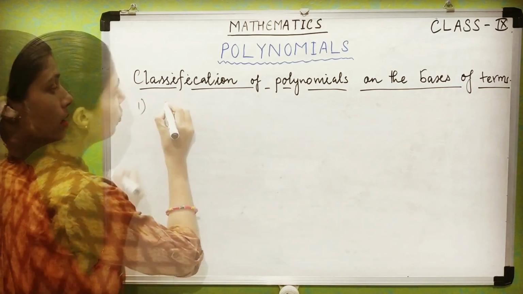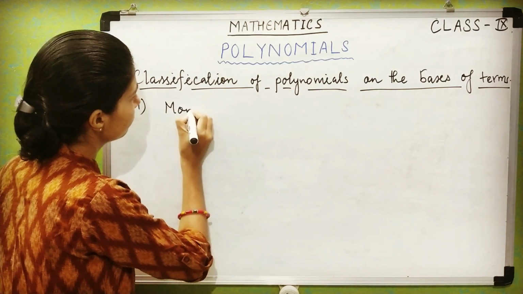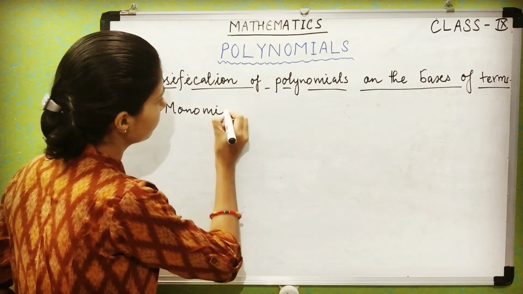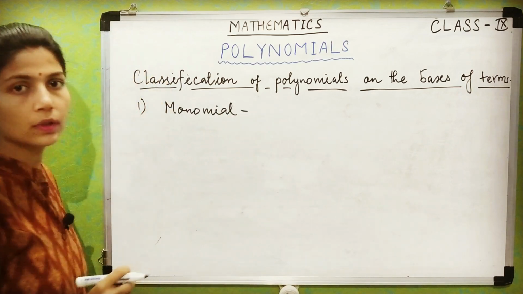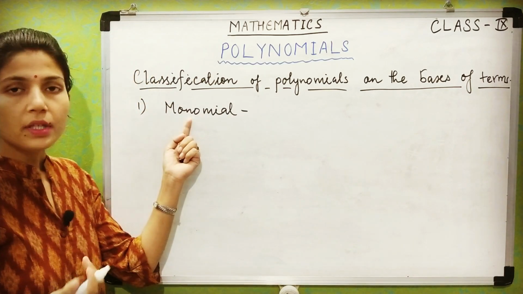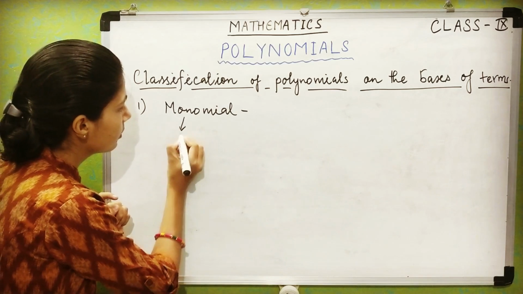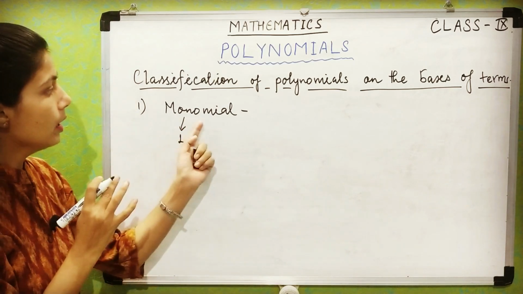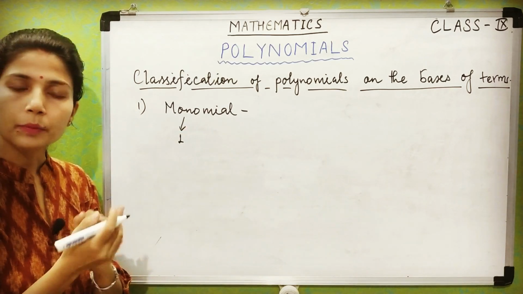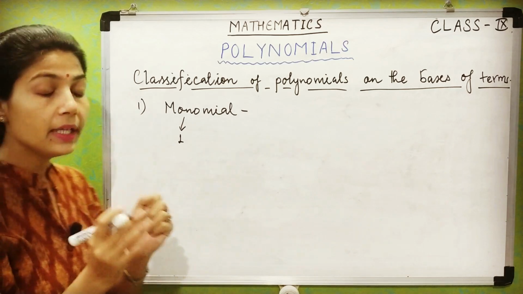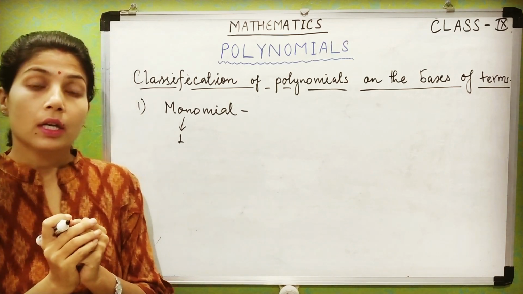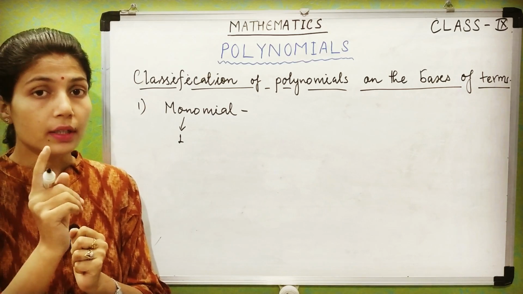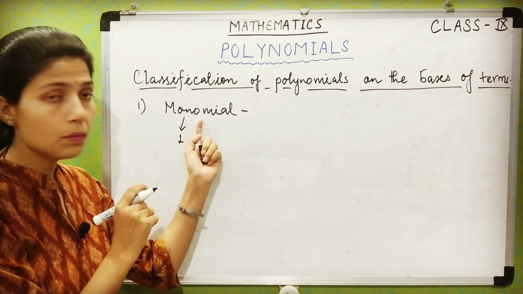Monomial. Mono means one. Any polynomial which contains only one term is called a monomial.